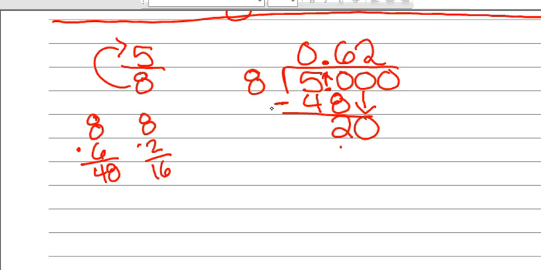So 8 times 2 is 16. I'm going to subtract. And 20 minus 16 is 4. So see, I need to bring another 0 down. I needed to add another 0 because I had a 4. And 8 didn't go into 4, so I needed to add another 0 so I could bring the 0 down.